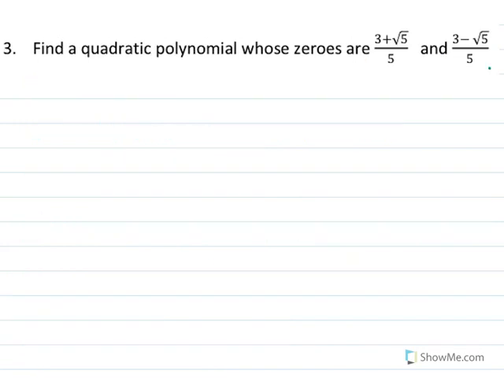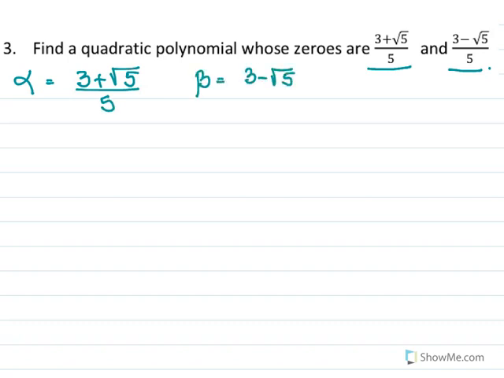Find a quadratic whose roots are 3 plus root 5 over 5, 3 minus root 5 over 5. So we have alpha is 3 plus under root 5 over 5, and beta is 3 minus under root 5 over 5. We'll do it a little differently now. We'll find the sum of roots.